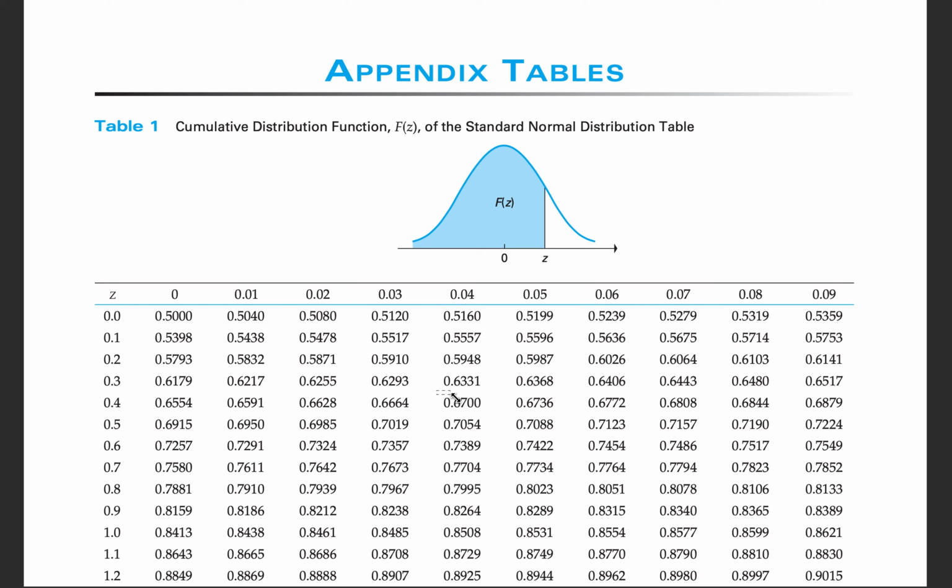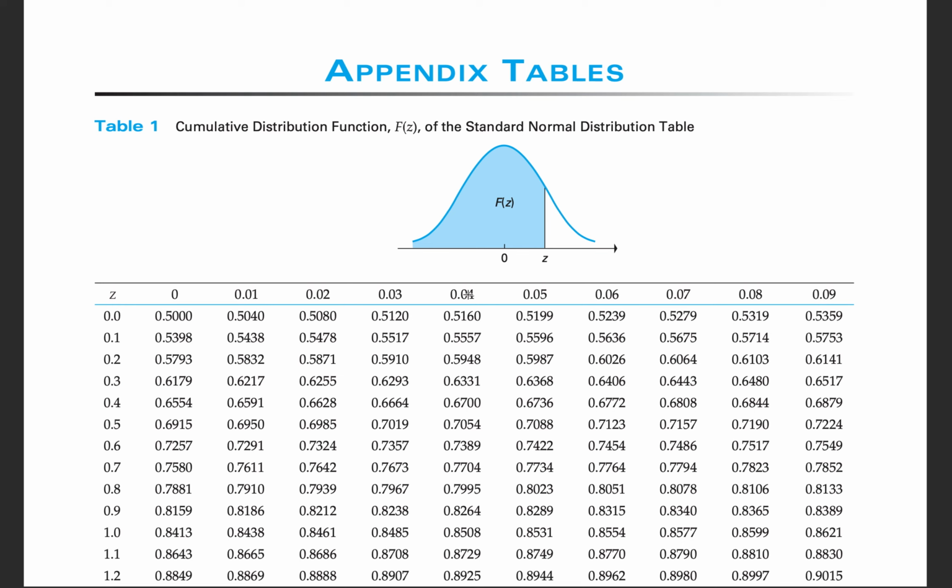We have a value here, 67%. So what value do we have for Z? Well, for 67% here we have 0.4 and we have 0.04. So if we add these two values up, we get 0.44.